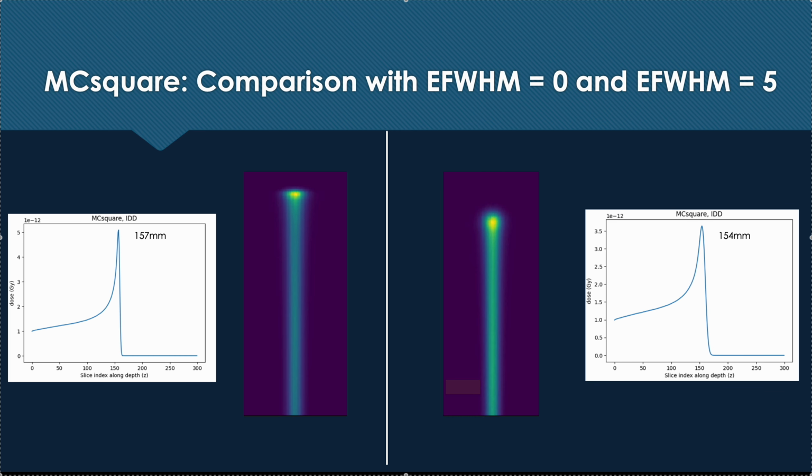I hope I'm clear. Also, if you see the distal falloff, this fall is not as sharp as this one. It falls quite rapidly here, and this one not so rapidly.